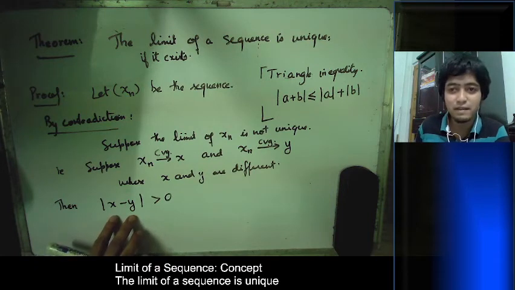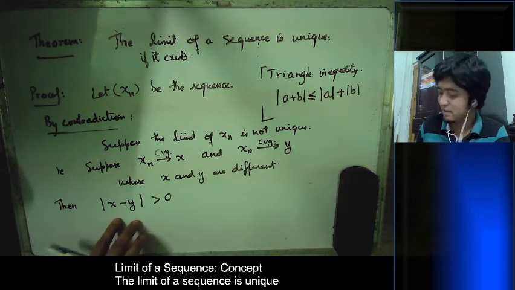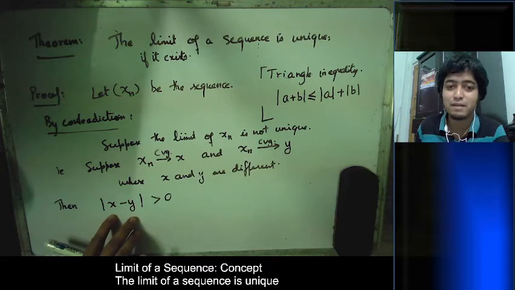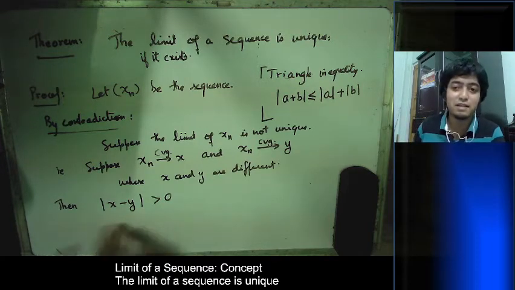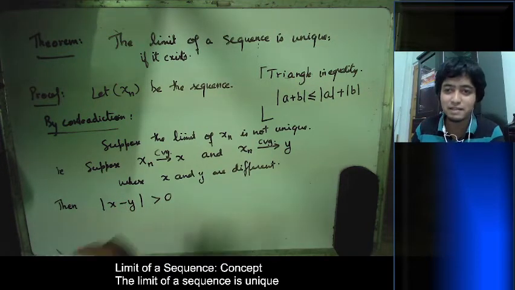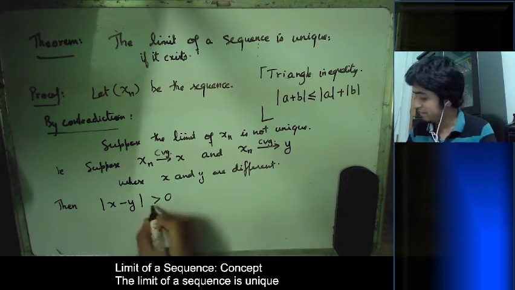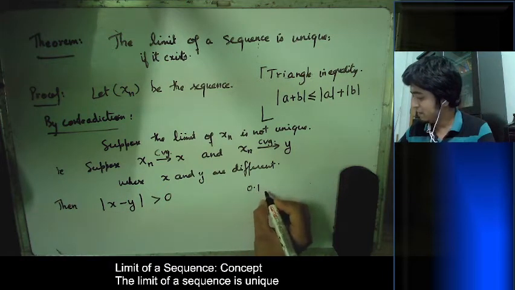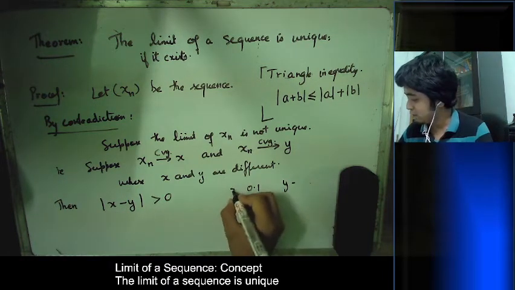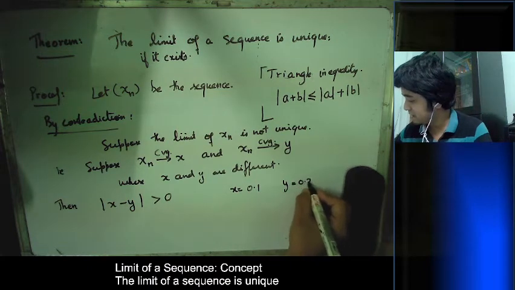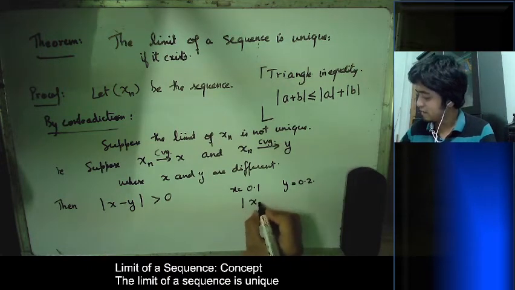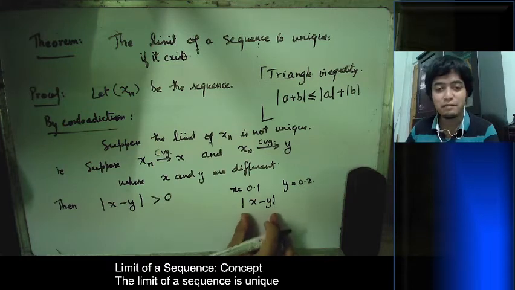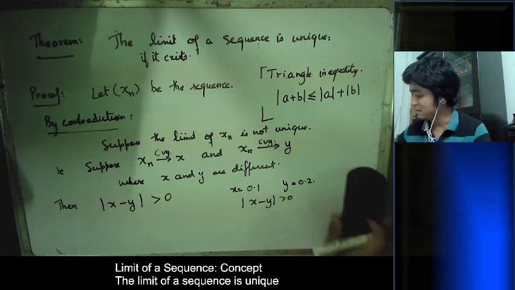If x and y are different, subtract them, then take the modulus, and it will be greater than 0. That is true. For example, if x is 0.1 and y equal to 0.2, they are different, so if you take the modulus of x minus y, it will be greater than 0.